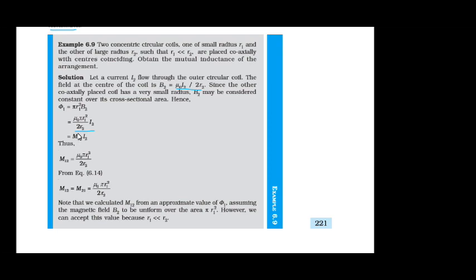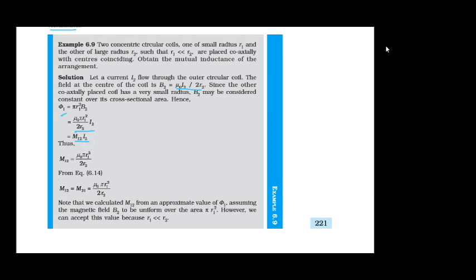So instead of this we can write M12 multiplied by I2. We know Φ1 is equal to M12 I2. So instead of Φ1 we can write M12 I2.